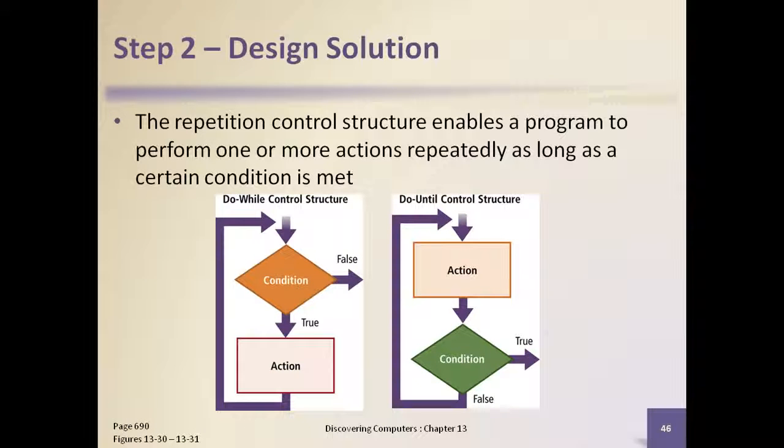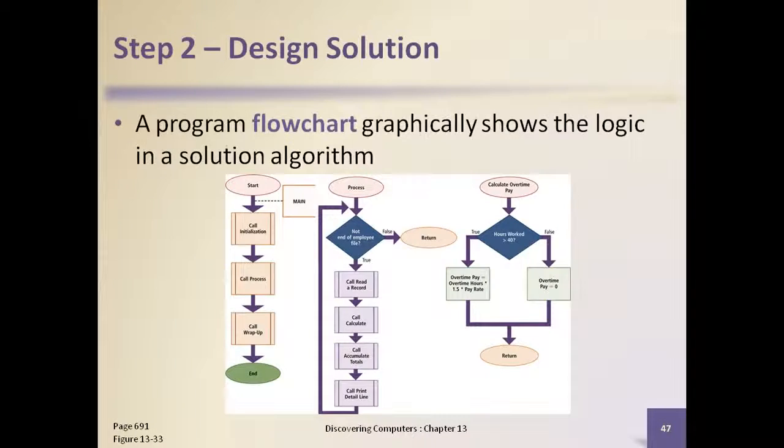The repetition control structure enables a program to perform one or more actions repeatedly as long as a condition is met. A program flowchart graphically shows the logic in a solution algorithm.